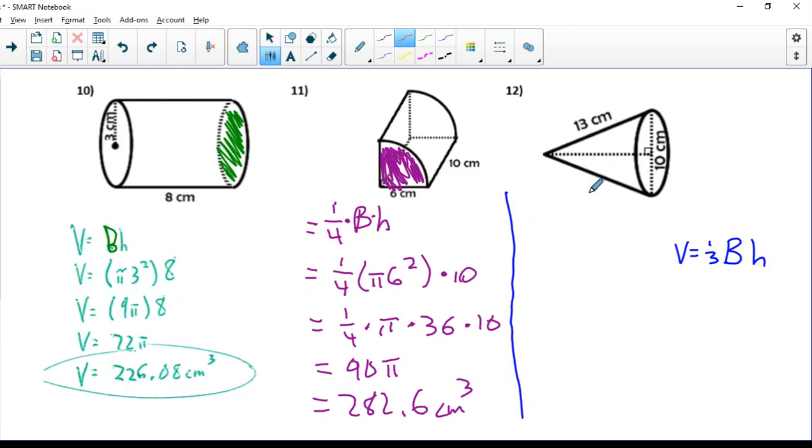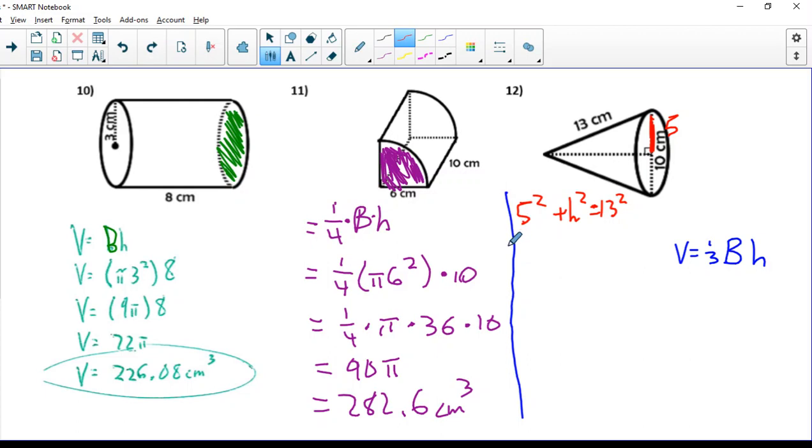So to get the height, I'm really doing 5 squared, because I know that if this is 10, then the radius has to be 5. So this squared plus the height squared is going to equal 13 squared. That's my first step here, to use the Pythagorean theorem.